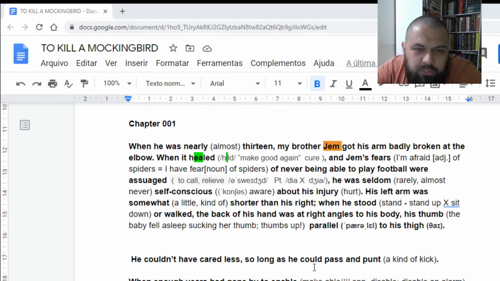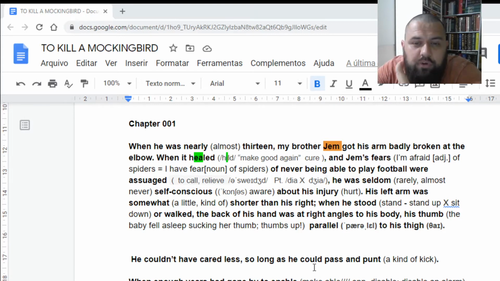When it cured, right? And Jim's fears of never being able to play football were assuaged, he was seldom self-conscious about his injury. Okay, so remember here, assuage, that is to relieve. So he was very afraid.